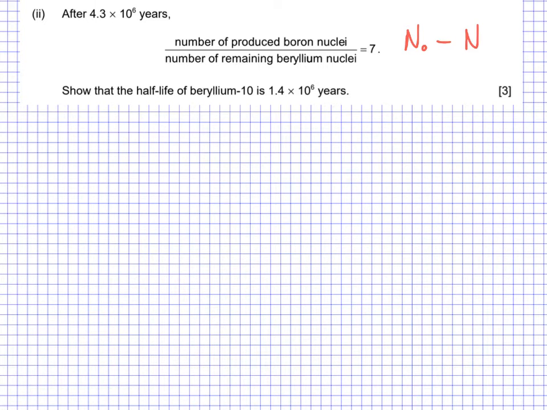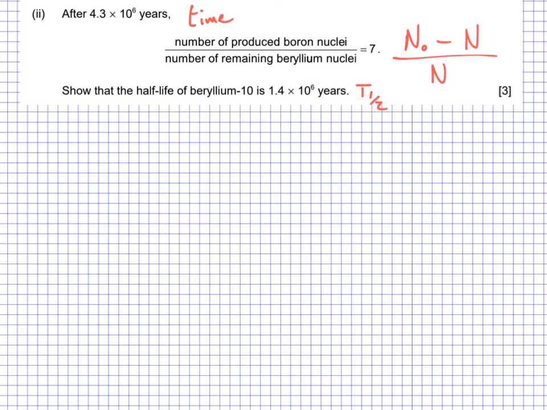Okay, we saw that with the half-life graph. And that's going to be over the number of remaining beryllium, which is N. The time value here, this is my time. That's the time elapsed. And then I have to prove, I'm given the answer, but I just have to prove it. I'm given the half-life here.